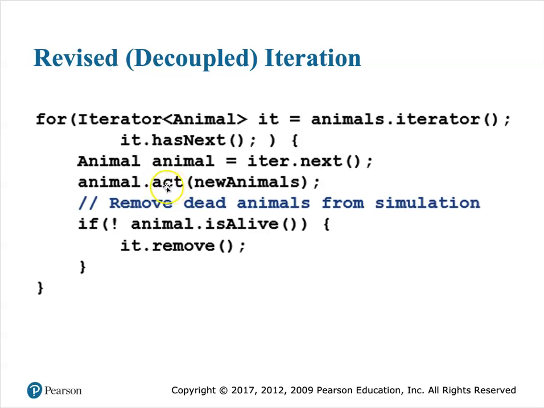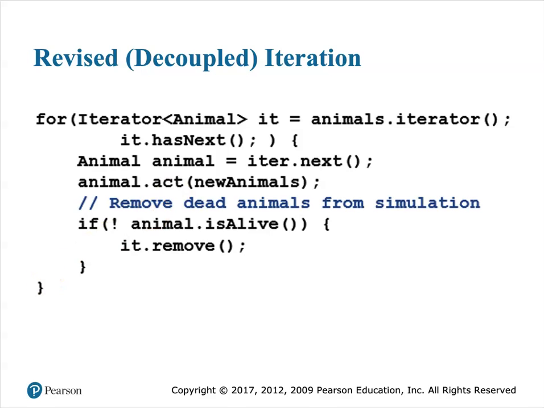But we also know that animal, because it's going to be a static type, right, an object of type animal, needs to have the act method declared inside of it. But what does it mean for any general animal to act? And more importantly, if the subclass doesn't override it, would that action be meaningful?